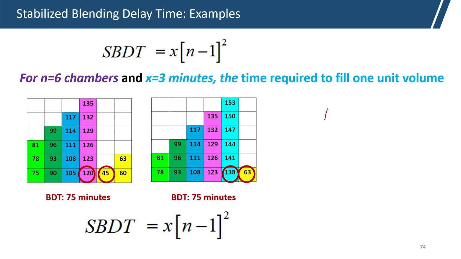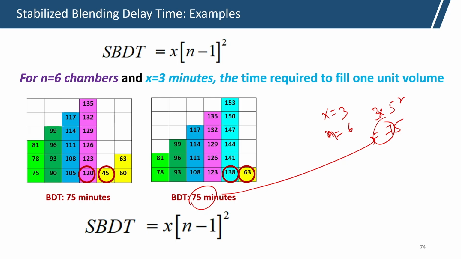If we see, x is 3 and n is 6, that means 3 multiplied by 5 squared, so 75. So, 75 we are getting here by using this generalized formula. And I think that is all about the blending delay time, and so you can get it.